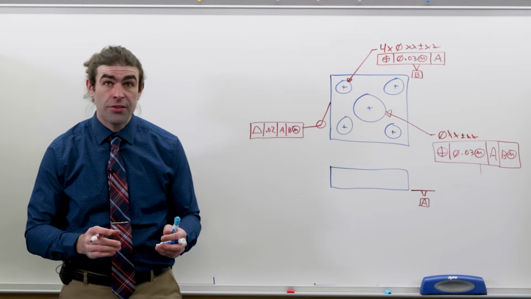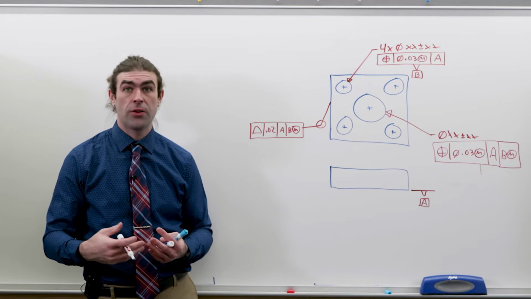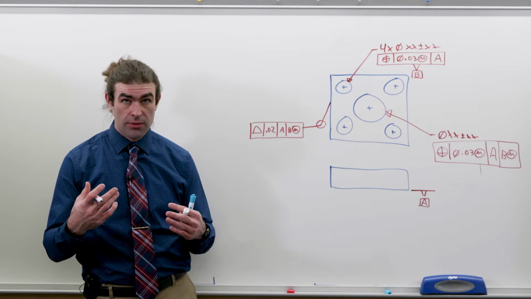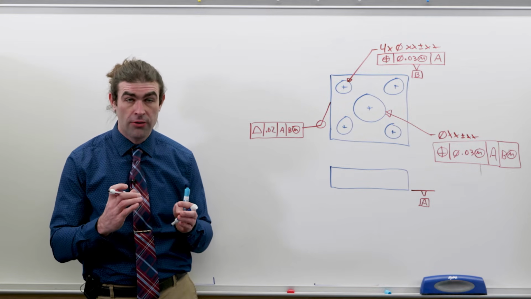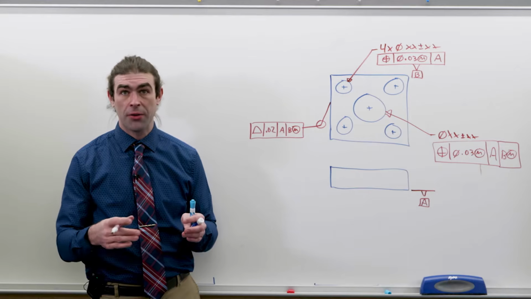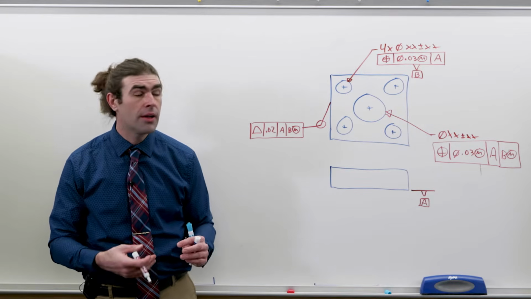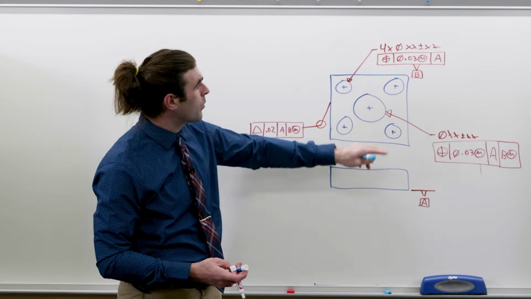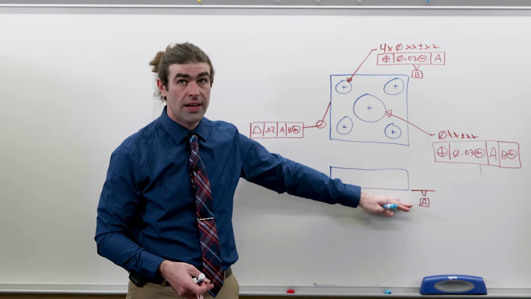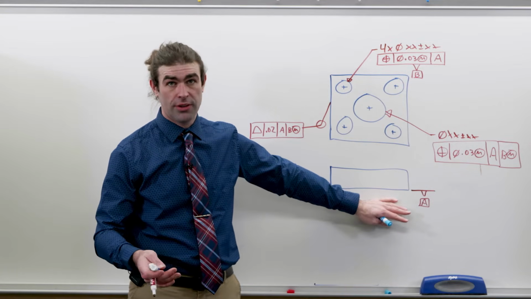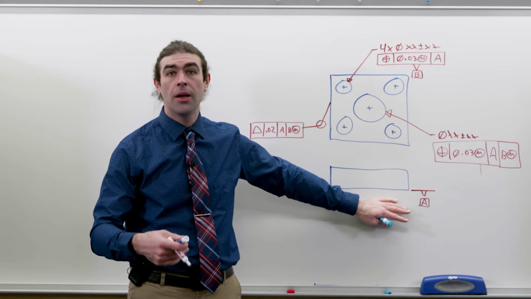So next up is using a pattern of features as a datum. This is common, and it's a good way to establish that the pattern is important and then everything around it is less important. So here we've got 4 holes that are positioned to datum A. We have to use position because they're a pattern.